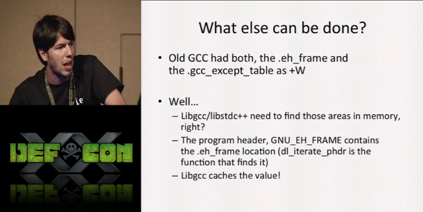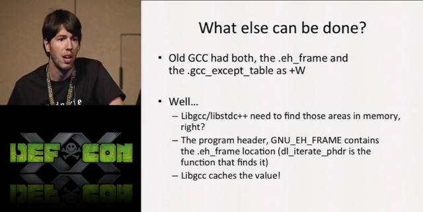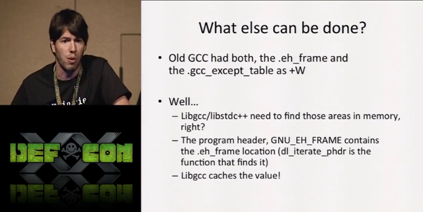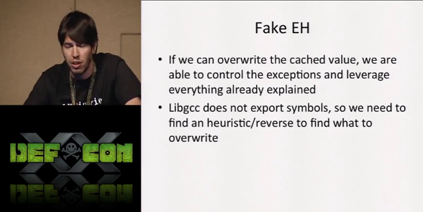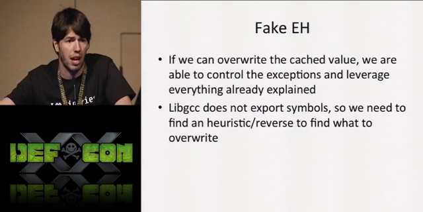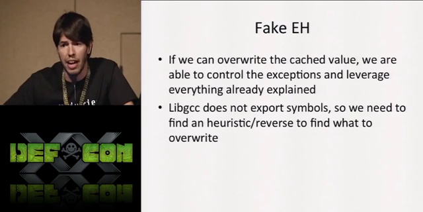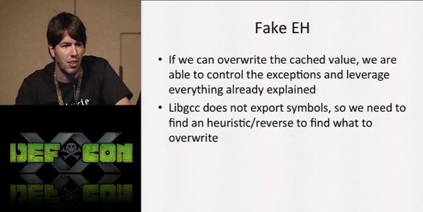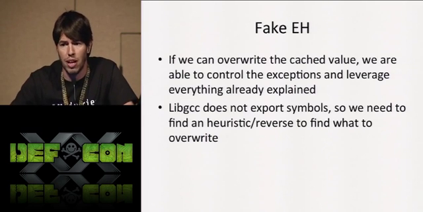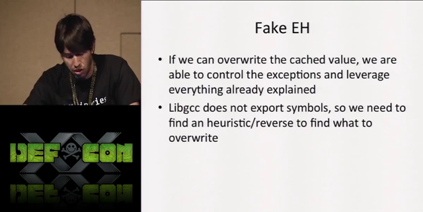So when an exception is thrown, it will execute with our rules and we win. The way that it works is basically creating a fake exception handler, right? A fake EH. We create a fake table in memory, and we overwrite the cached pointer to point to that location, and then we just trigger the exception.